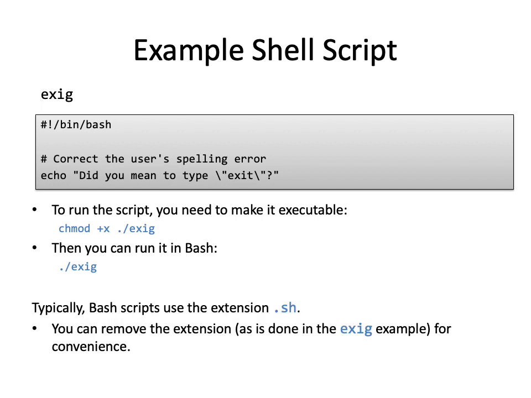Now, typically bash scripts use the extension .sh for shell, kind of like .c or .java. It's just reminding us what kind of script it is. If it were a Python script, I would have .py. So you can remove the extension in any of these shell scripts if you want, because ultimately the extension is not what determines what kind of file this is.